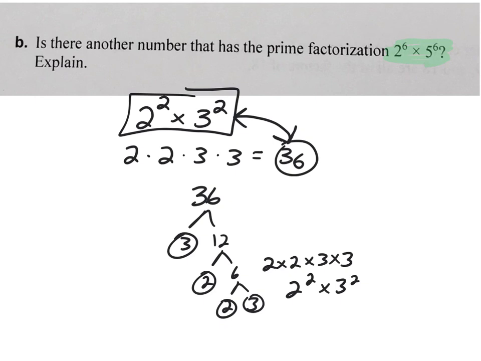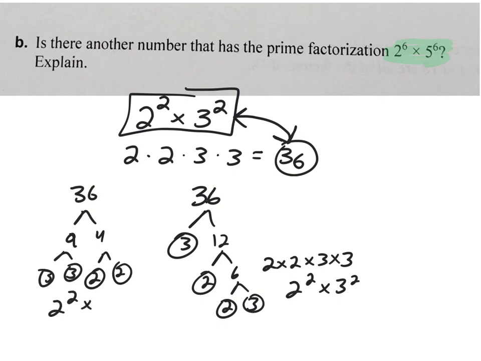It doesn't matter how you factor 36, right? You can say 9 times 4, 3 times 3. You're still going to always have 2 to the 2nd power times 3 to the 2nd power. So the bottom line, students, is that this factorization is only a factorization for one number. Only one number has one prime factorization.